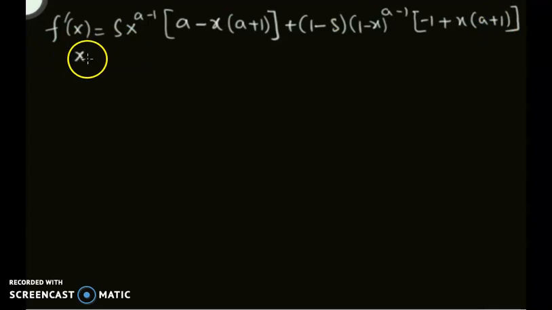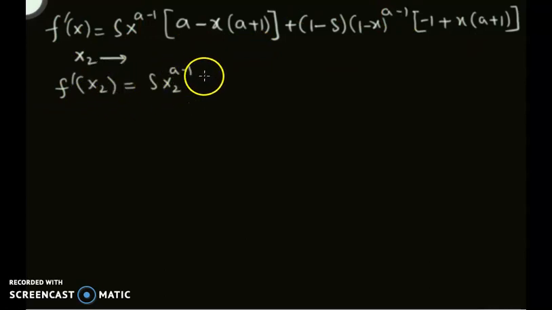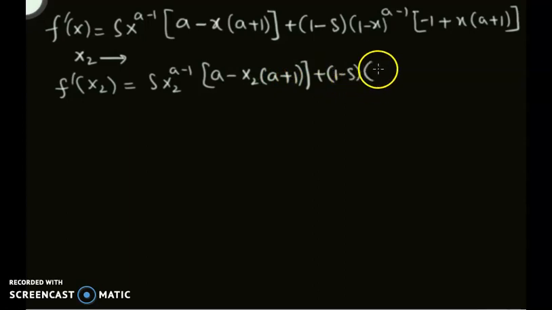Now x2 we can substitute in this, and then f prime at x2 is equal to s times x2 to the a minus 1 times a minus x2 a plus 1, plus 1 minus s times 1 minus x2 to the a minus 1 times minus 1 plus x2 times a plus 1.